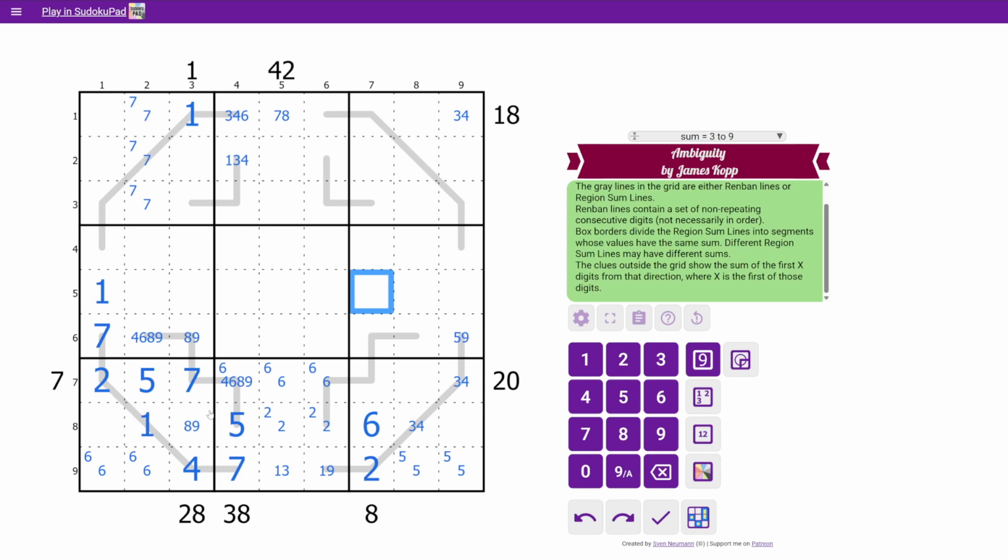Ah, the 7 right here, look. 7 gets stuck over there. Baby steps on this puzzle, huh? Did I get anything else out of here?